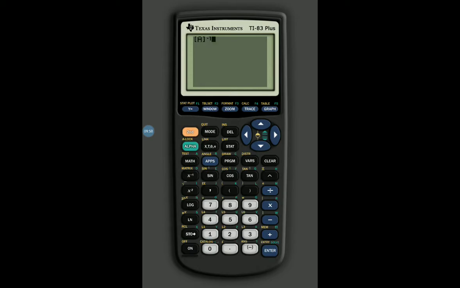And I'm going to use that inverse key. And then I want fractions, so I'm going to hit math and then turn it into fractions and hit enter. So this is a good way to double check it to make sure you've got the correct inverse. If you go to second matrix math, there's lots of things under here, determinant, transpose, and so on.